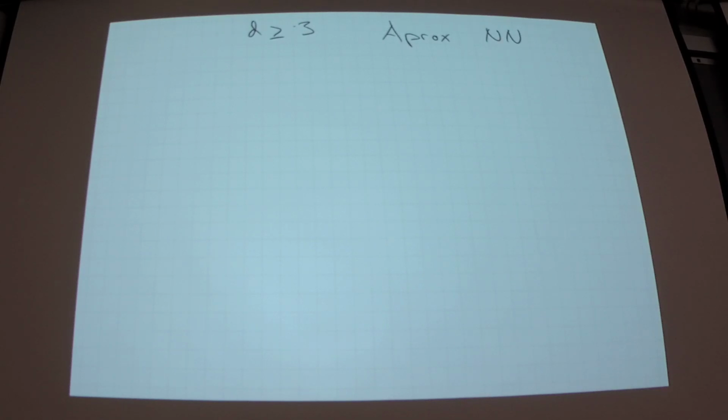What I want to do is find a p in P such that the distance between p and q is less than or equal to 1 plus epsilon, so I'll inflate this, think of epsilon like 0.1, times the distance between p star and q, where p star is the true nearest neighbor.